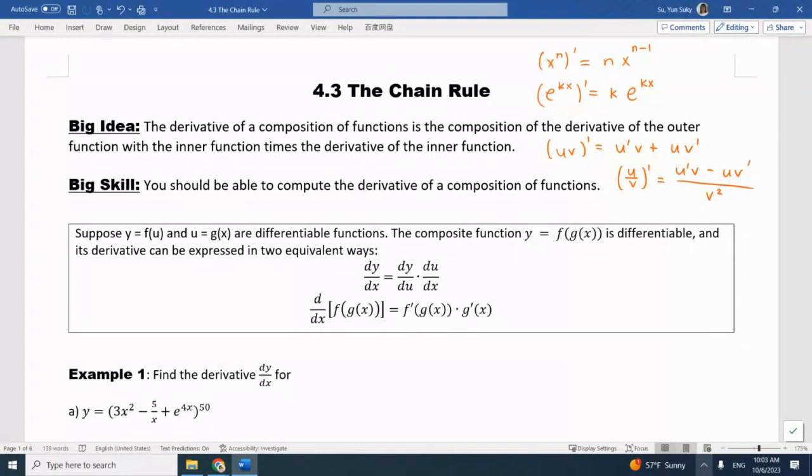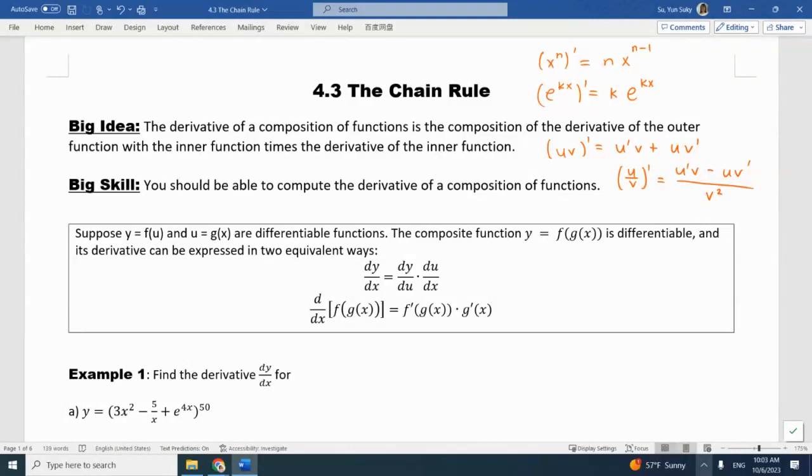Today, we're gonna learn the chain rule, okay? You use the chain rule when you see a composite function. A composite function is when you have an outer function and an inner function.